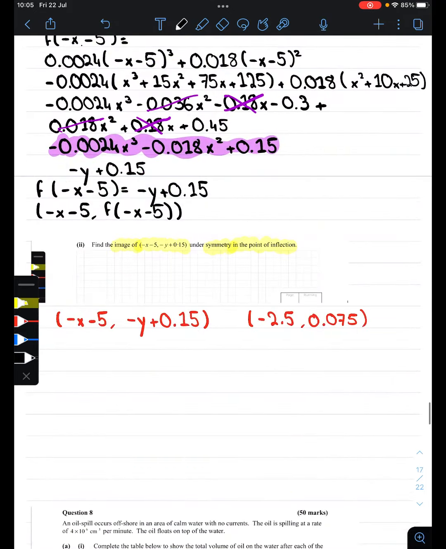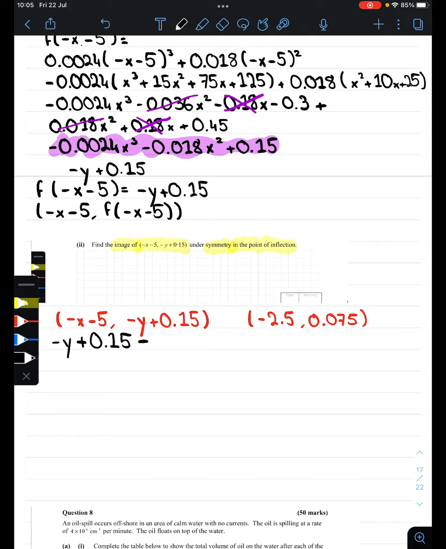Well, A is the difference in the y coordinates. So minus y plus 0.15 is the y coordinate, and the y coordinate of our point of inflection is 0.075.